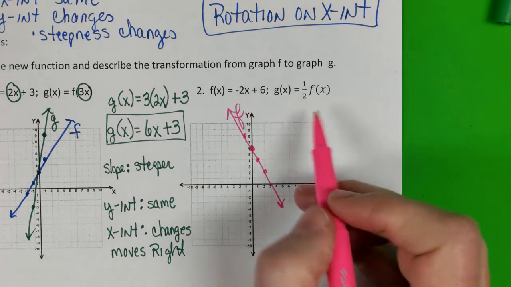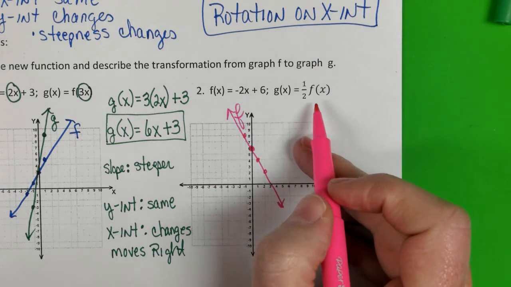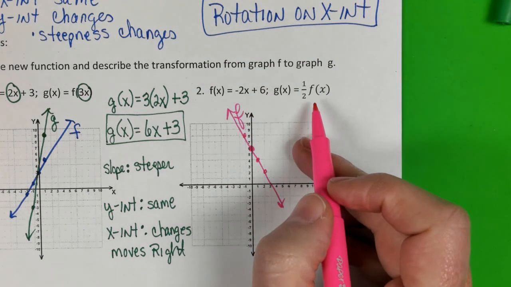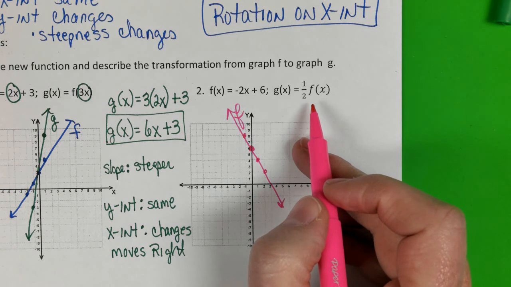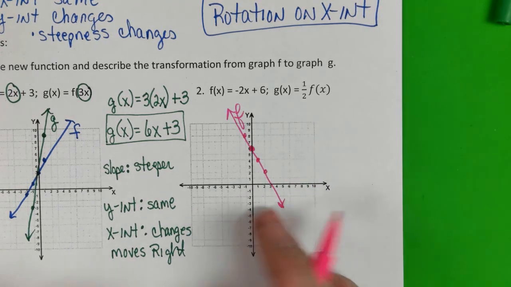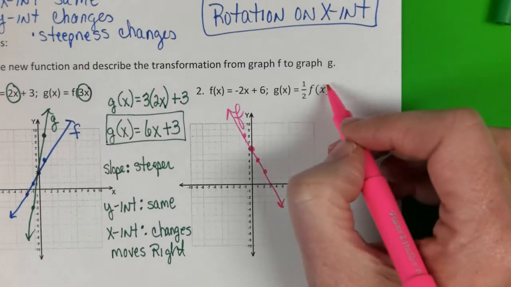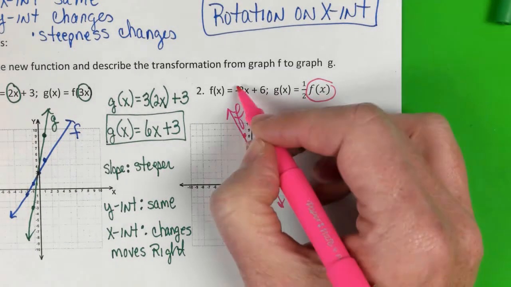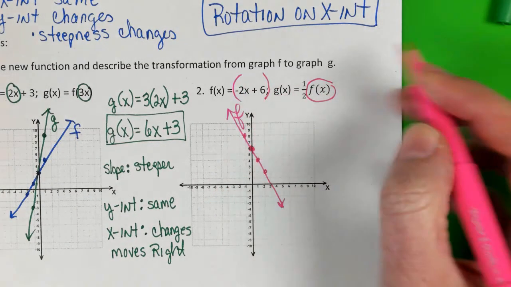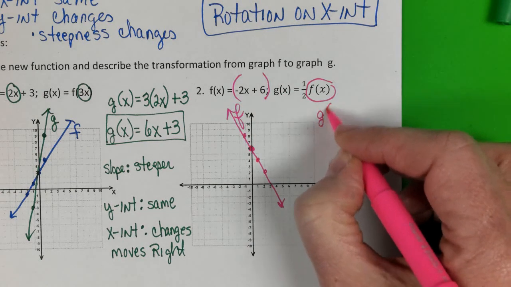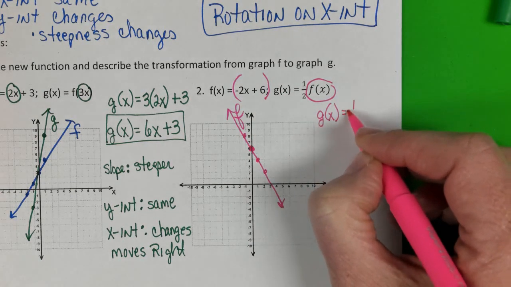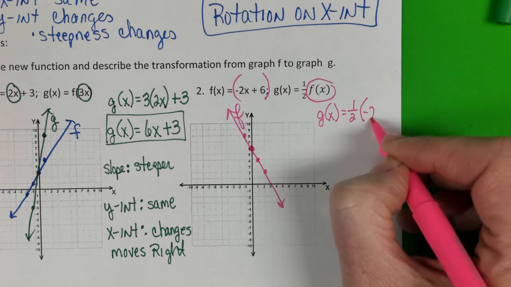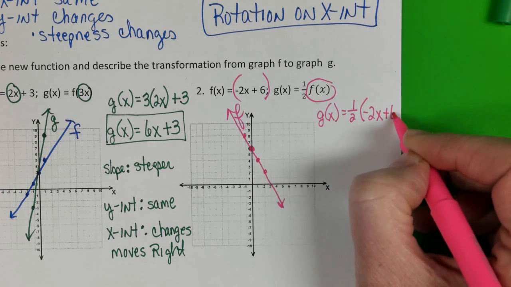Okay? Now, if our multiplication factor is 1/2, can you predict what's going to happen to the slope? I hope you're thinking, well, if we're halving the slope, isn't that going to make our slope less steep? Okay, so let's check that out. So this is affecting all of y, so our whole equation. So to get our new function, g of x, we're going to say 1/2 times -2x plus 6.